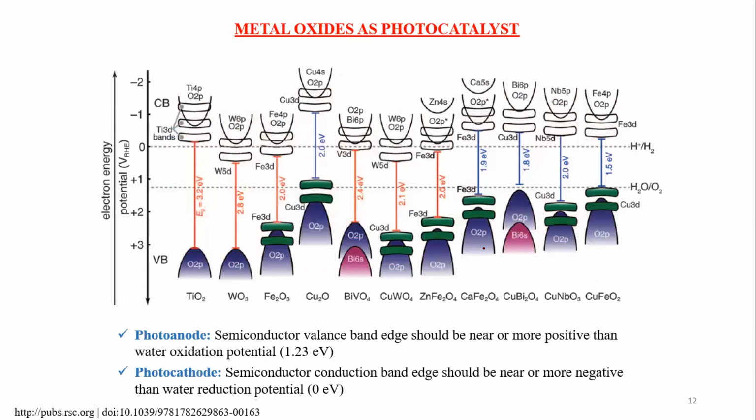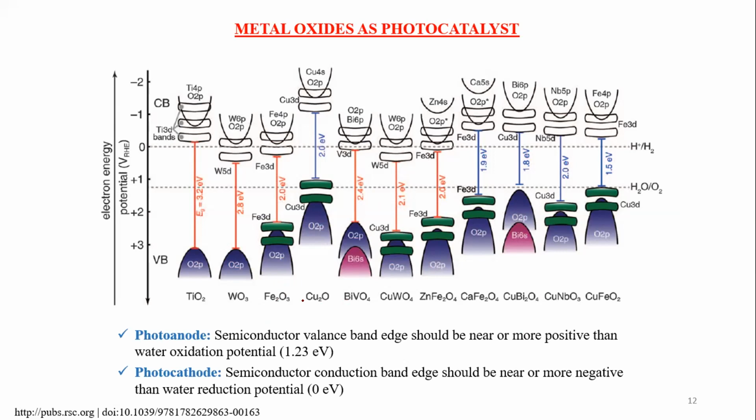In our work, we prefer to work with semiconductor oxide materials because they are cheaper, and there is more availability of them, and since they are already oxides, they will be more stable in an aqueous environment. For that reason, we choose some well-documented oxide materials that are already used in single electrode photoelectrochemical cells.